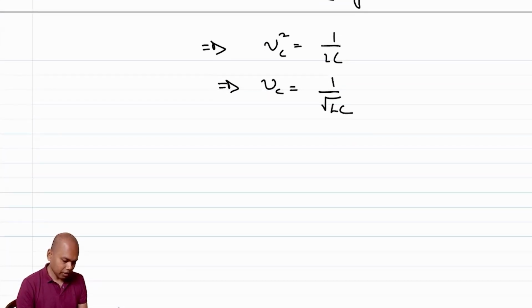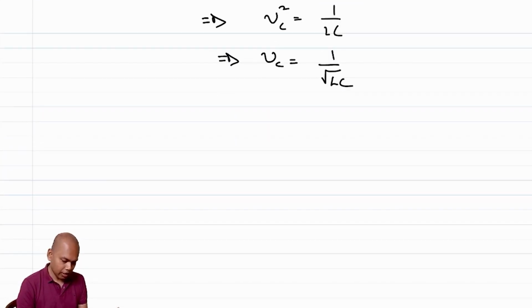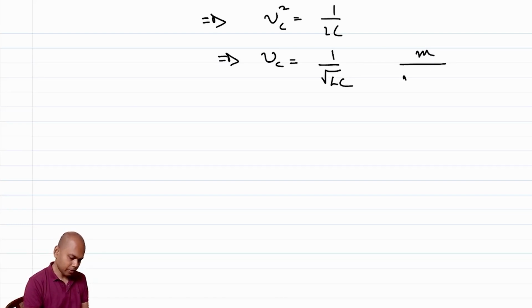So note that L and C are inductances and capacitances per unit length. So this essentially has a unit of 1 over, or rather meter by Henry times Farad, right?